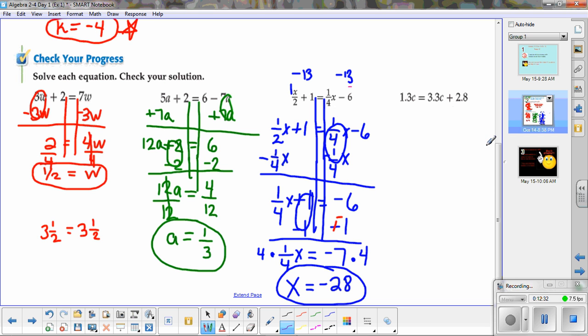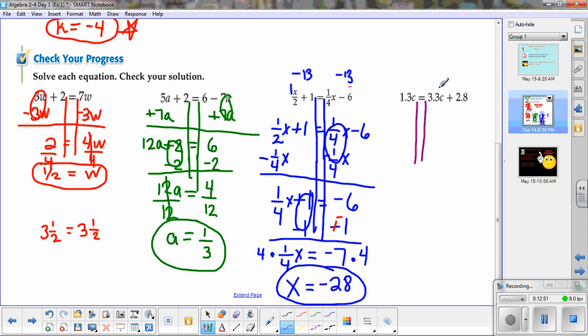Now our last example has some decimals. You have C's on both sides. You're going to either want to get rid of this one or this one.